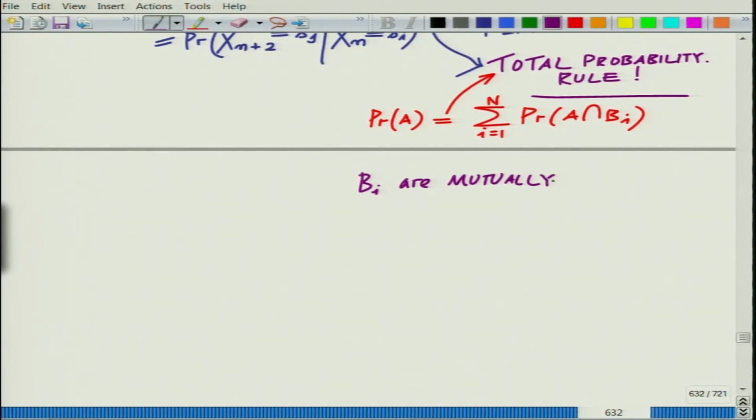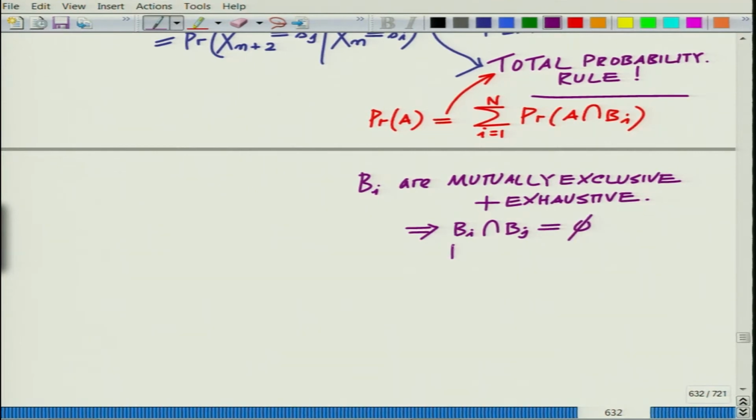mutually exclusive and they are exhaustive. This implies that Bi intersection Bj equals phi for any i, j, and the union of all the Bi is equal to S, where S is basically the sample space.